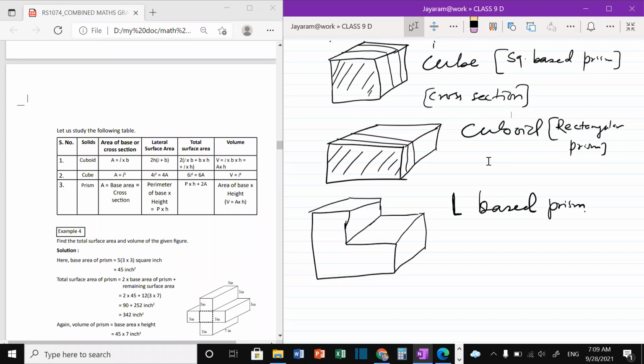That is the cross section. In this case, the L shape cross section is this, because if we cut this shape in this way with the knife, the remaining new shape again becomes L shaped. That's why this is the cross section.